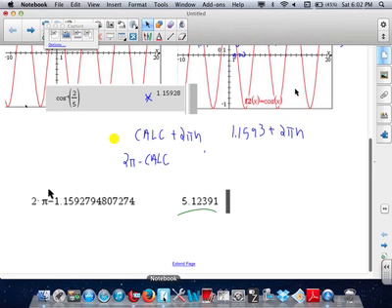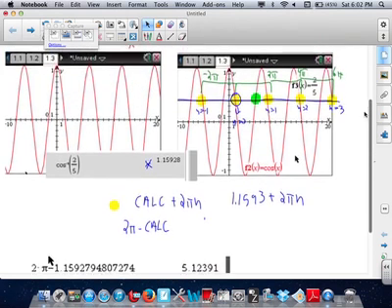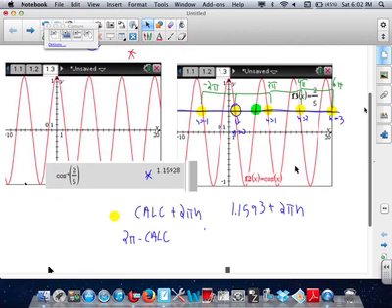Now, you might be able to anticipate where we're going with this. 2 pi minus the calculator answer will give us that second green spot there, and the one that corresponds to that is this one, and then this one, and actually go backwards once to get that one, and backwards twice to get that one.